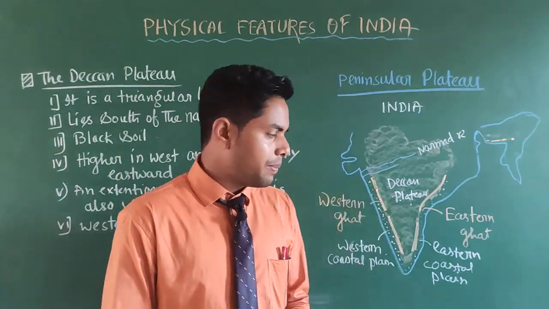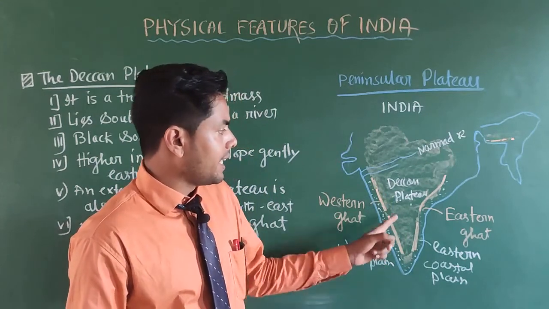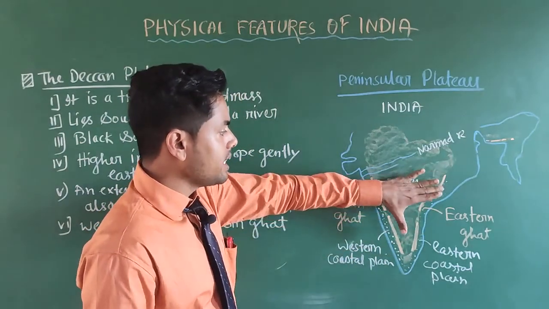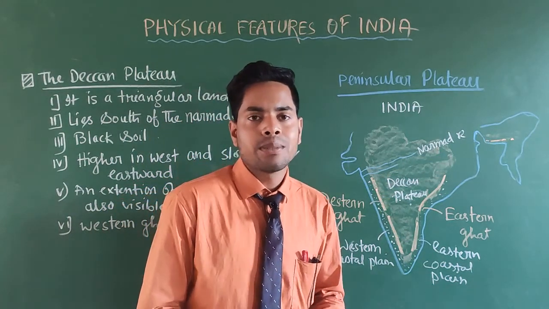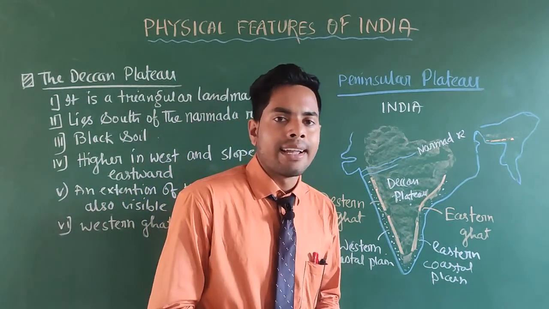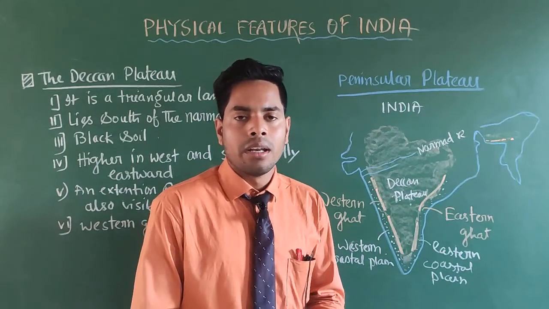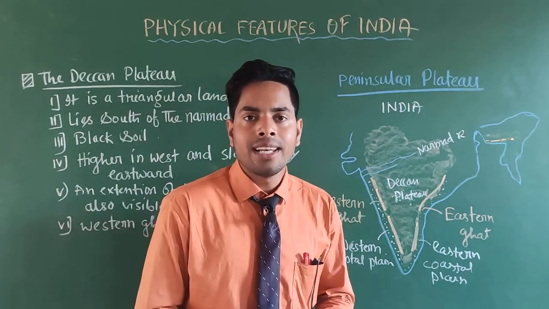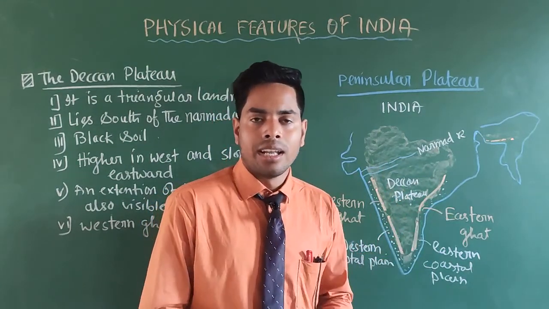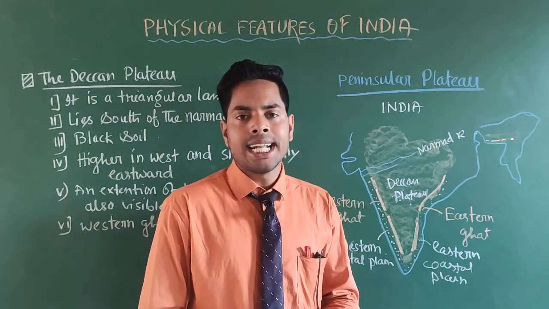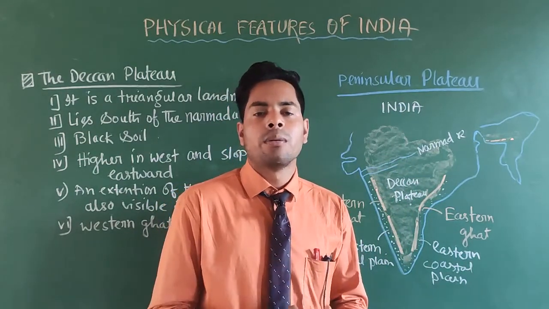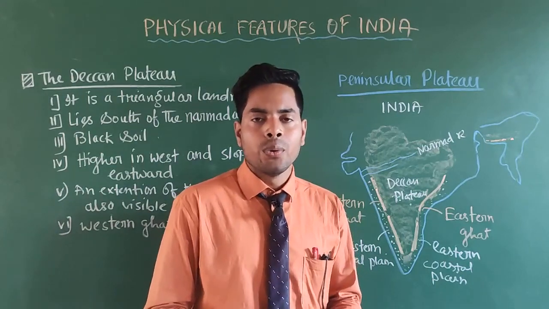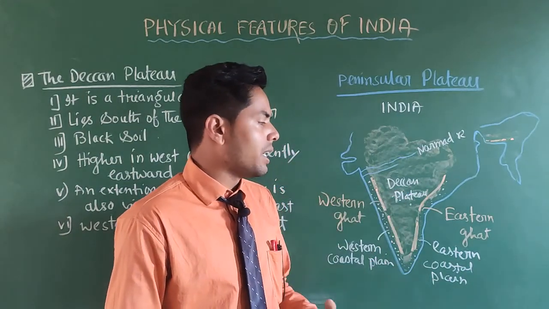So dear students, see the picture. This portion is known as the Deccan Plateau. The Deccan Plateau lies just south of the Narmada River. We already learned that the north part of the Narmada River is known as the Central Highland, but the south portion of the Narmada River is known as the Deccan Plateau.